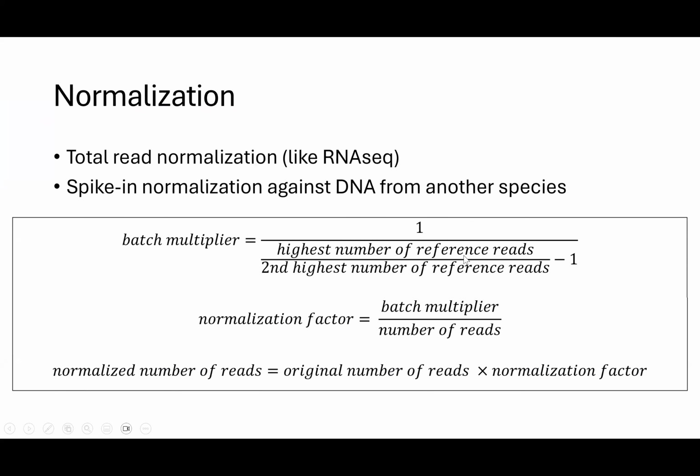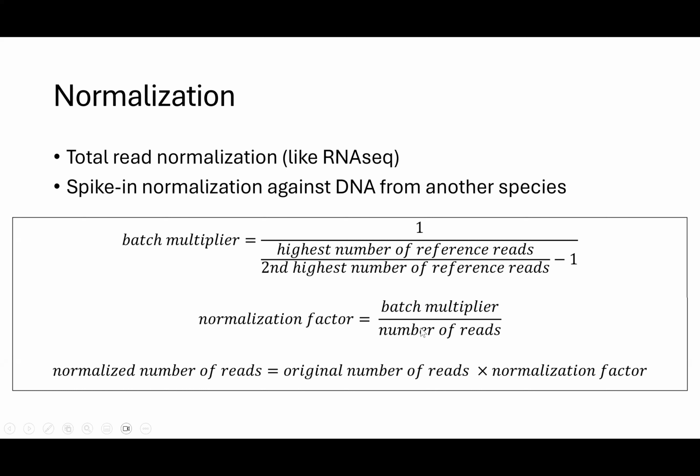You use those reads here as what it calls reference reads. This is from a package called CUTANA, which I'll get to a little later, but all of them do something fairly similar, where you take the amount of reference reads between two samples and create a batch multiplier that says how much E. coli each sample got, and then normalize that way.